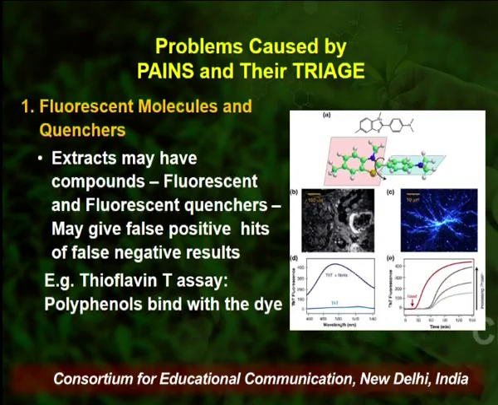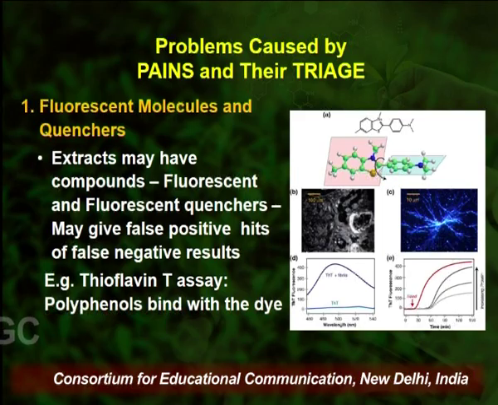For example, coumarins fluoresce under UV light, which can add to the effect, thereby leading to a false positive. Or there are compounds known as fluorescent quenchers, which decrease the fluorescence; flavonoids, for example, are very good fluorescent quenchers. So, if an assay is producing fluorescence and the extract also has flavonoids, the intensity of that fluorescence will reduce, again giving a false negative test.